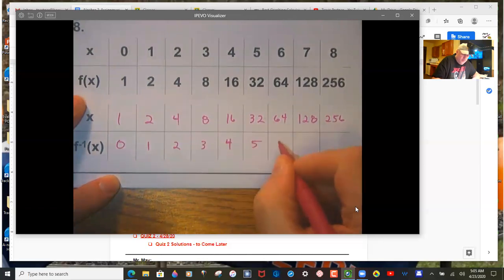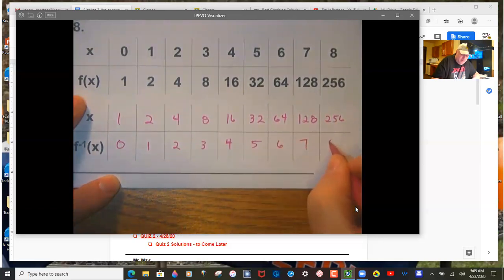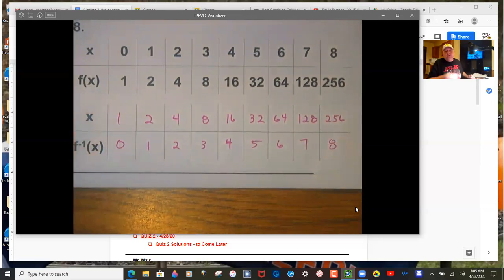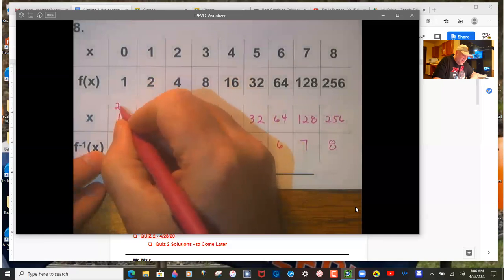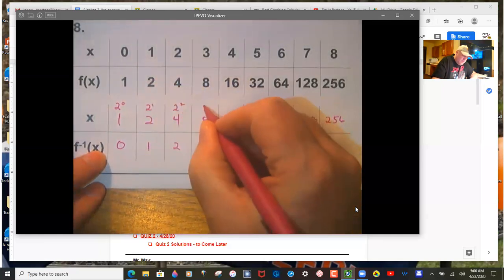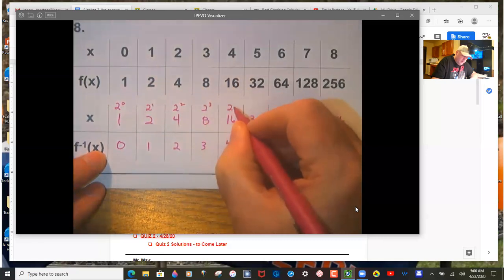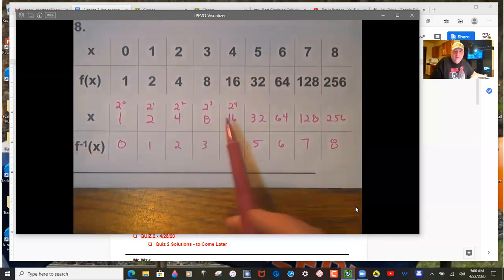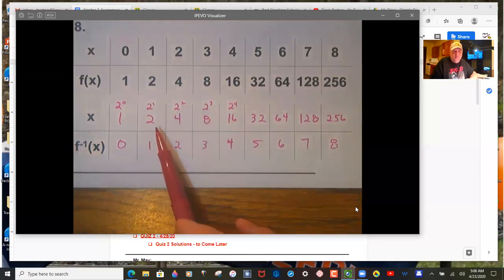And so, although you might not know this, the reflection about the line y equals x of an exponential is a logarithmic function. And so these are all powers of 2. And remember, it's the exponent that you're graphing when you're doing logarithmic data, so on and so forth. I'm not going to go the whole way there, but that exponent comes down, and it's log base 2 of 2 each time. So that's what that is.